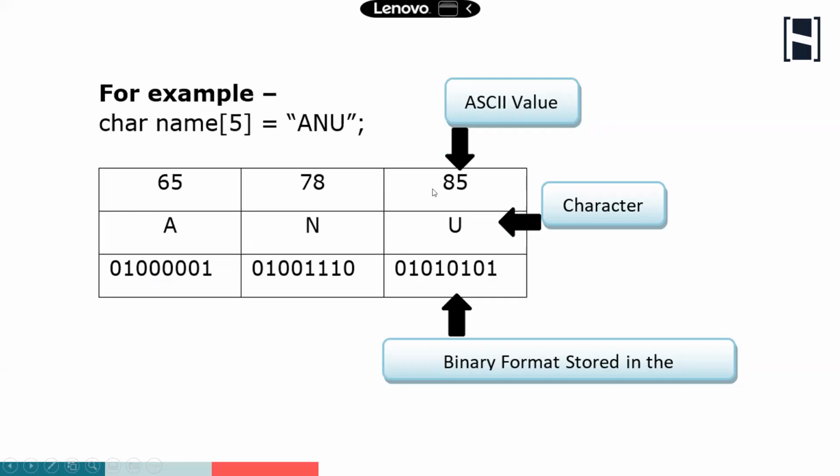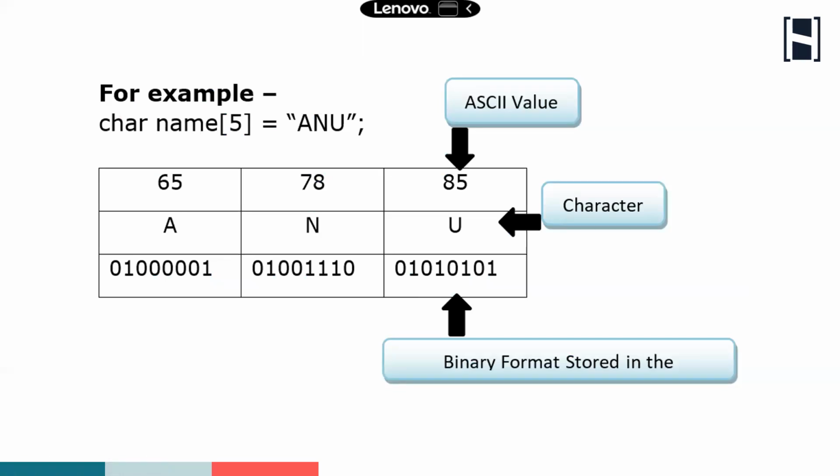The compiler will take this ASCII number and convert it into binary, and then internally it is going to get stored inside my memory. So even though you're creating a string like this, internally inside the memory, it will be stored only in the form of zeros and ones, because this is what ultimately my computer can understand.